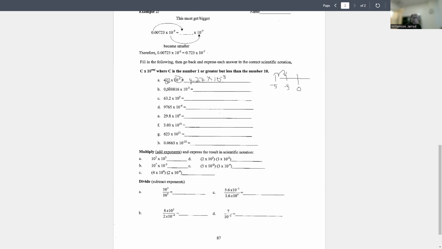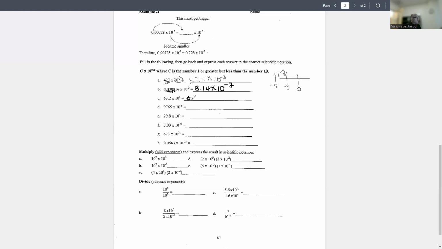I need to make this number here 1, 2, 3, 4 places larger, 8.16 times 10. And if I made this 4 decimal places larger, I need to make this 4 decimal places smaller. So smaller would be in the more negative direction. That'll be 10 to the -7. Right? If I start at -3 and I go 4 more places, that'll be -7.